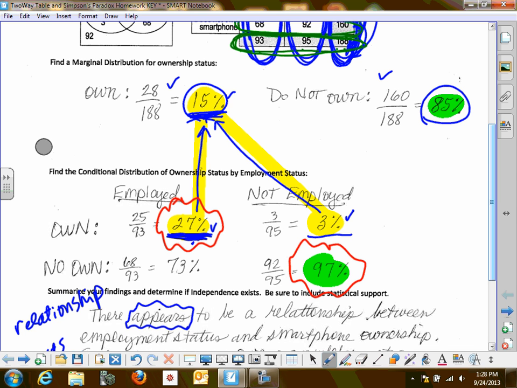Yes, that's correct. Sometimes you just have to say it. The wording issue is this: people that are employed own a smartphone at a higher rate than general ownership overall. Okay, yes.